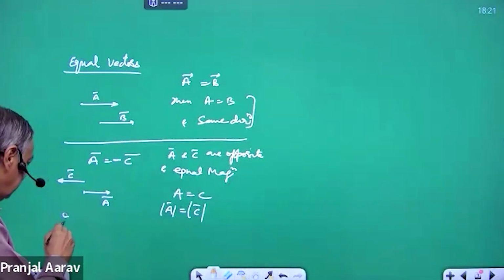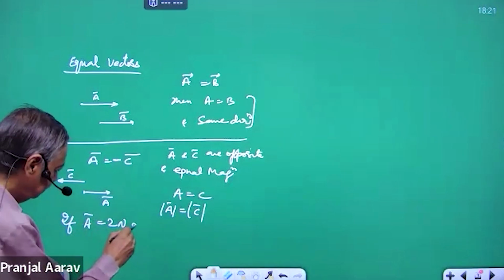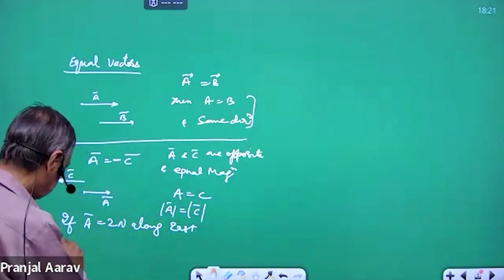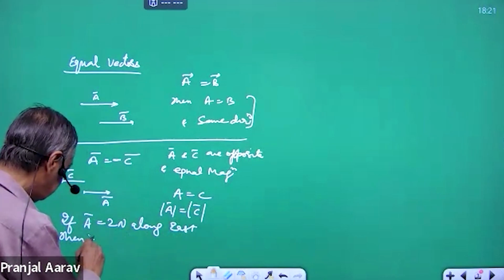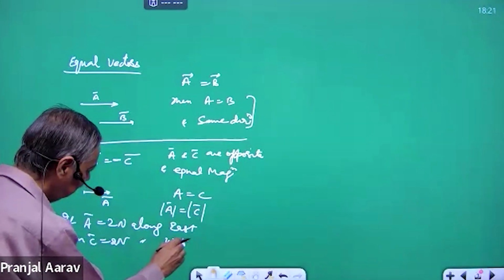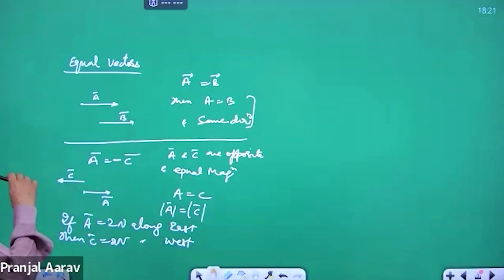If A is equal to 2 Newton along east, then C is equal to 2 Newton along west. This is going along east, then this is going along west.